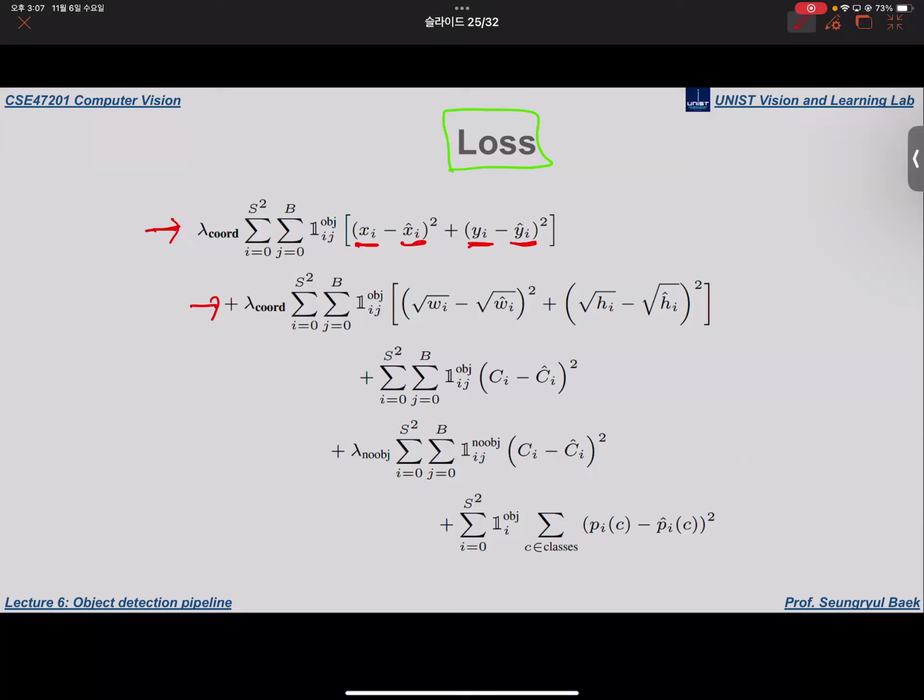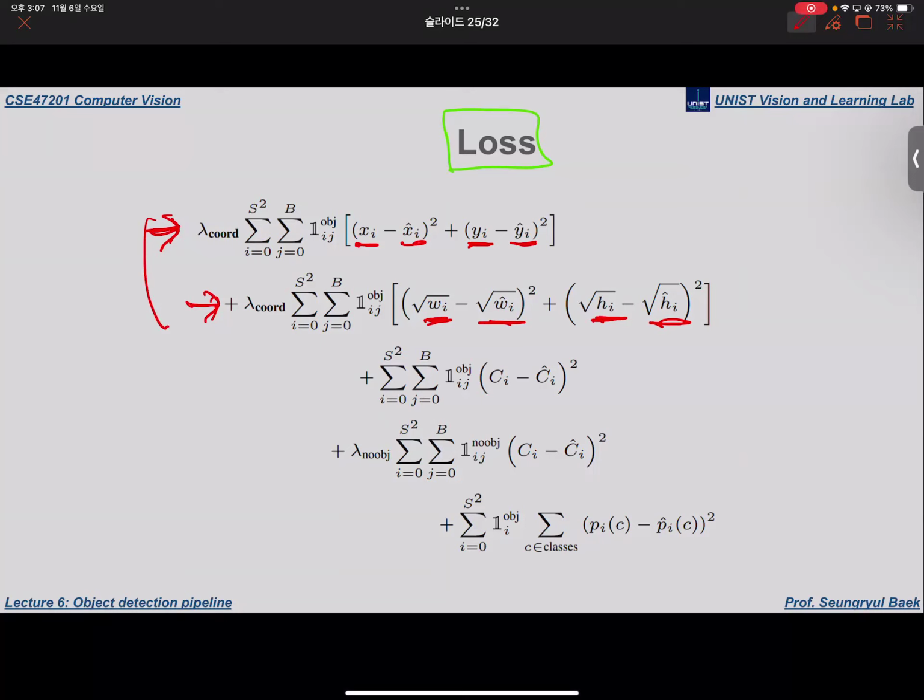So that's happening here. And this part also closes the width and height of the bounding box to their ground truth. So this is training the bounding box part.